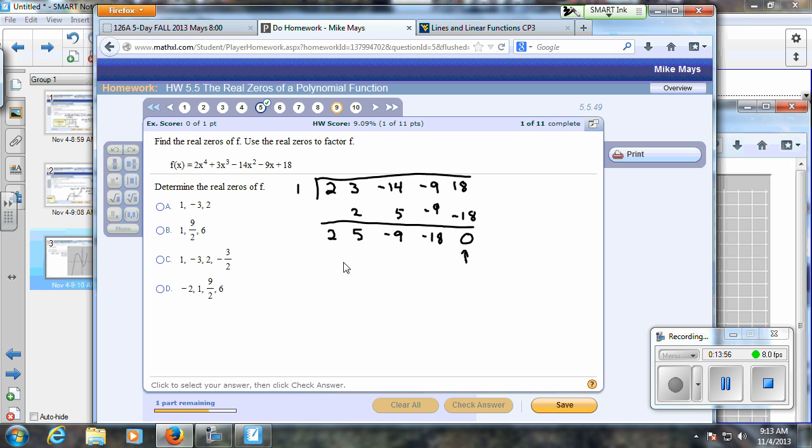Now that means that f of x is equal to x minus 1 times 2x cubed plus 5x squared minus 9x minus 18.